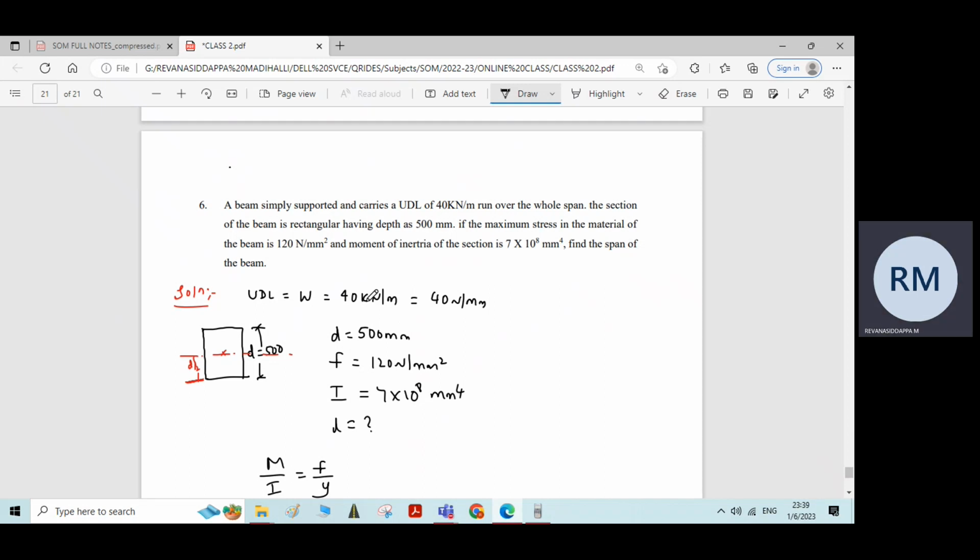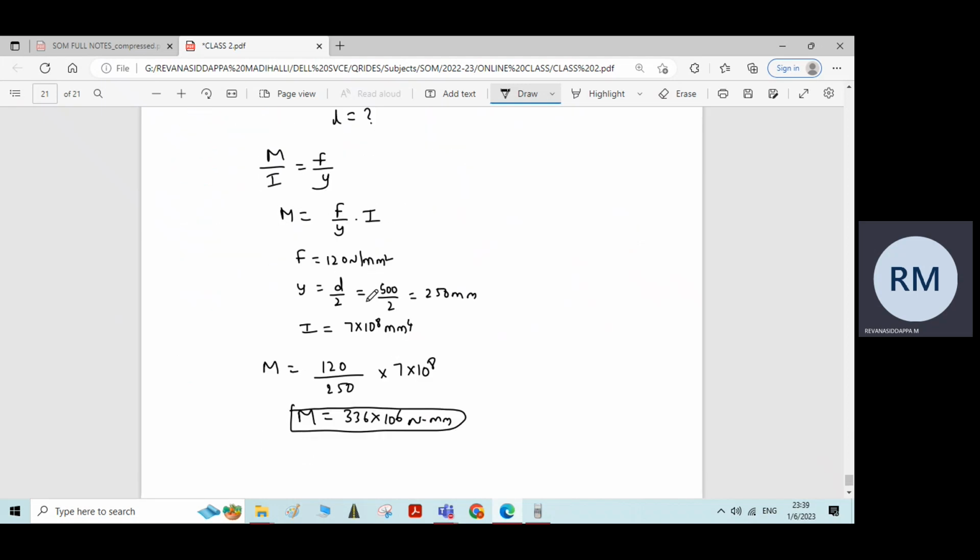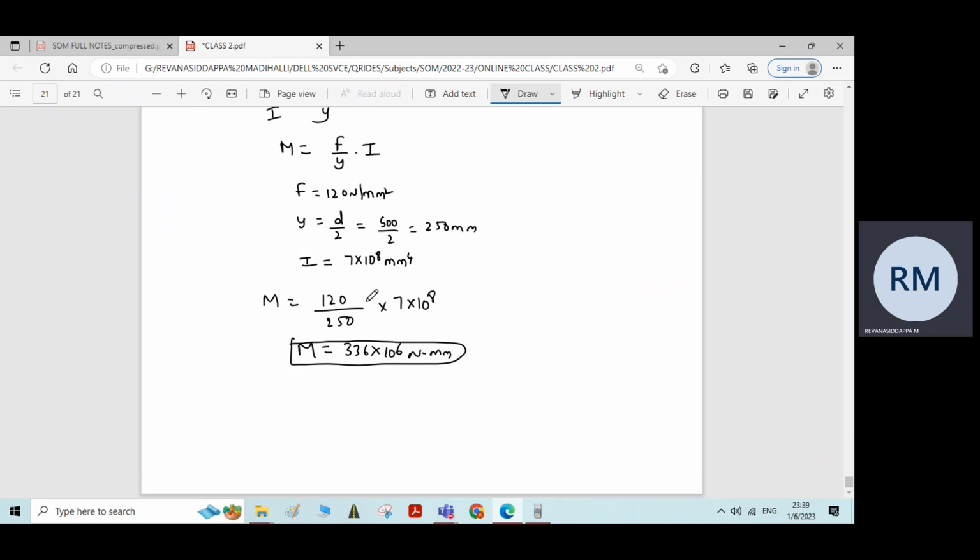That is 40 kilonewton per meter. UDL is applied on the simply supported beam. Correct? Due to that UDL, just now we came to know the moment, the total moment on the beam. Correct? We will utilize all this data and we can find the length of the beam.